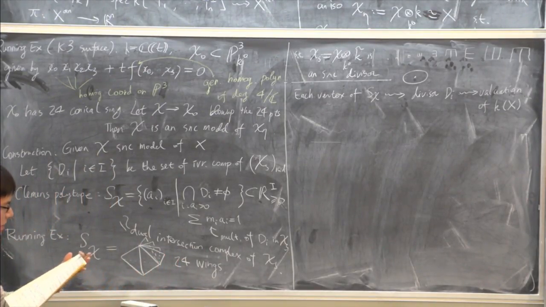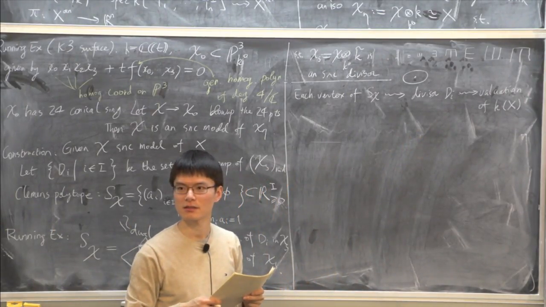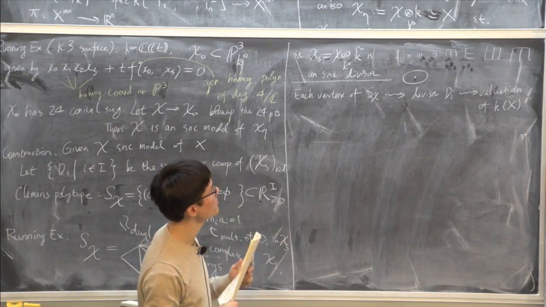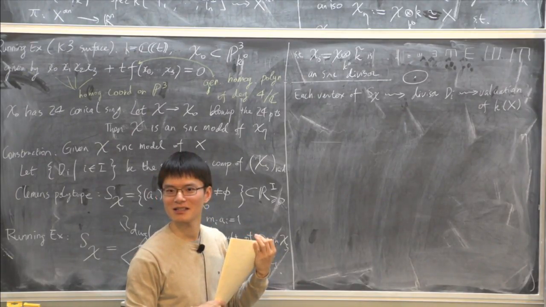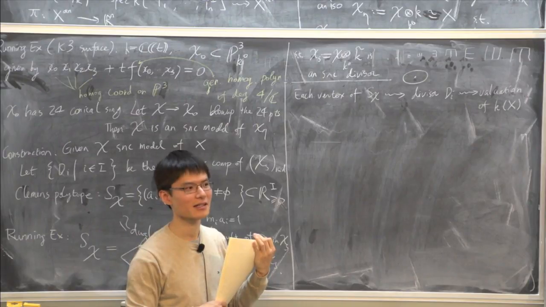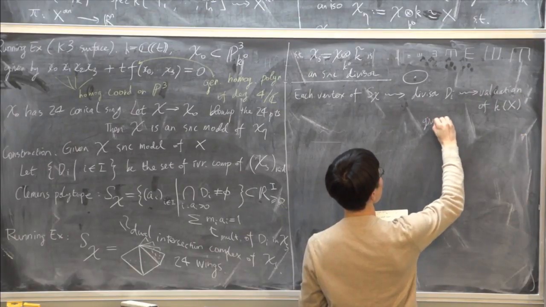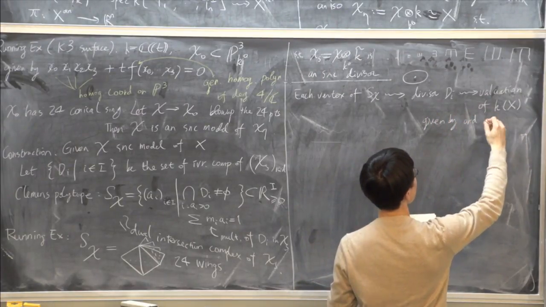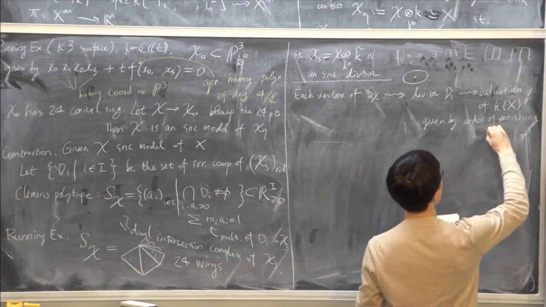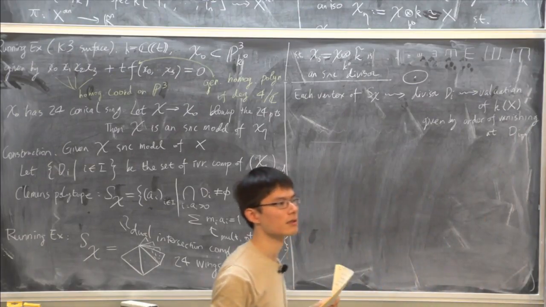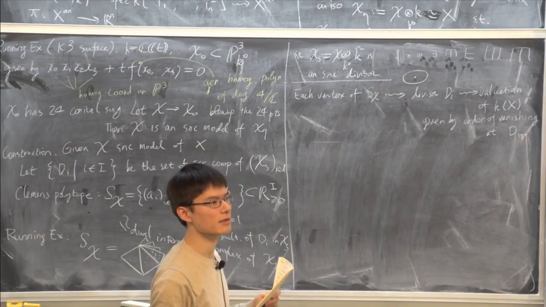So the valuation is just the order of vanishing along di, vanishing or pole.